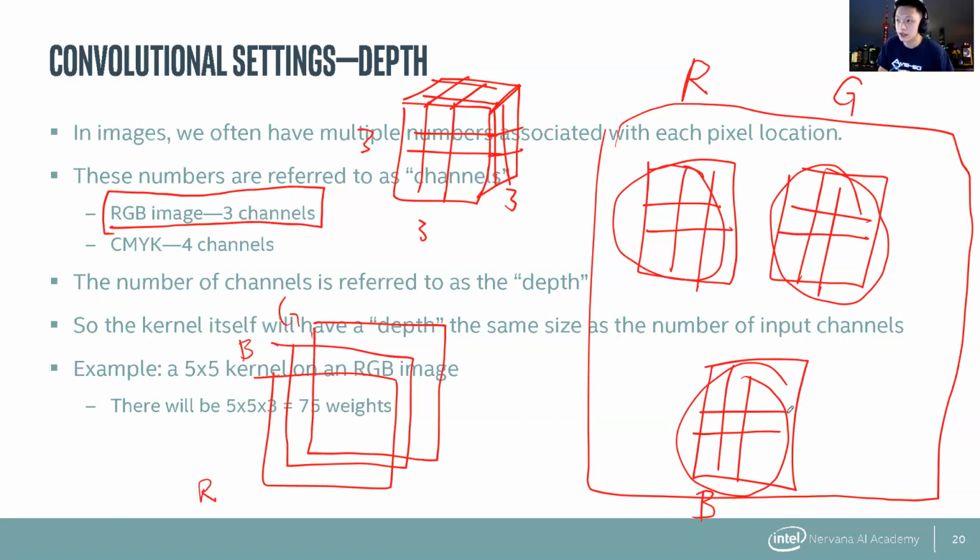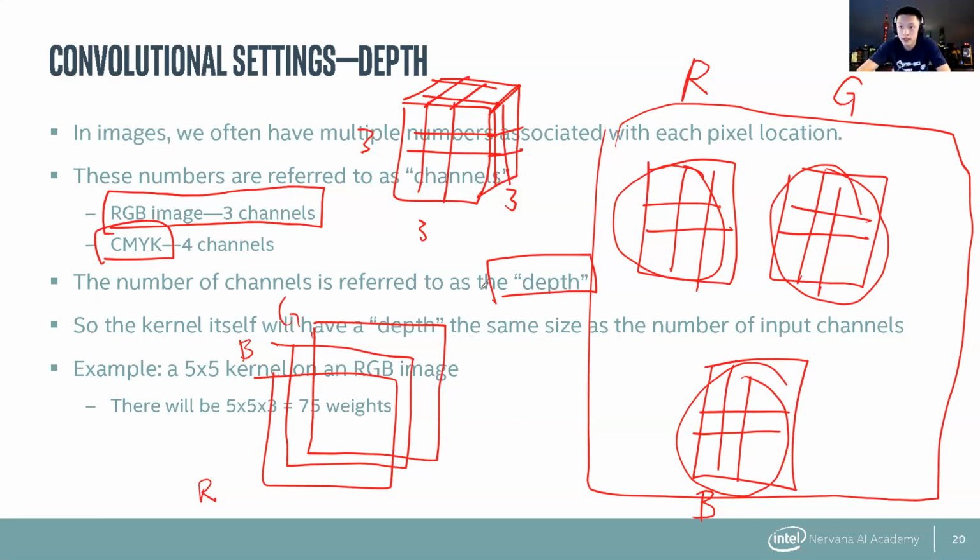And this is the whole idea of depth, because it's a little more complicated in these computer vision scenarios. We don't just have a depth of 1, we have a depth of 3. There's also another color representation, CMYK, which has 4 channels. So you have varying depth, and sometimes this is something you want to keep in mind.